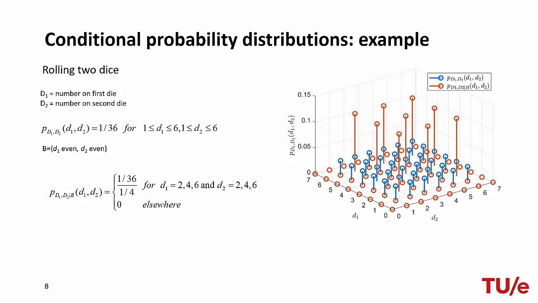Also in this case, summing all the values in orange, we obtain 1.